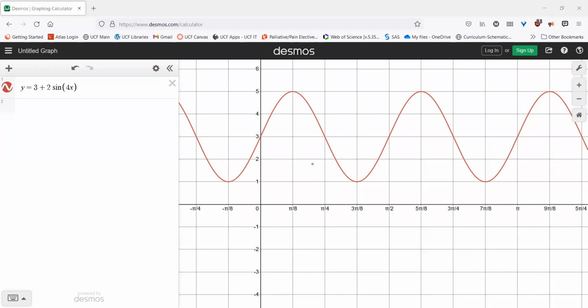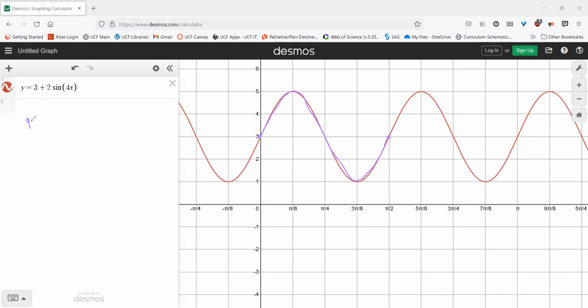All right, so to find the period, you're going to find any one repeated pattern in the graph. So this is a sine graph, and I see that the S goes like this, and then it starts to repeat again. So this is one period. This is one full rotation before it starts to repeat again. Okay, so the purple is one period of the graph.